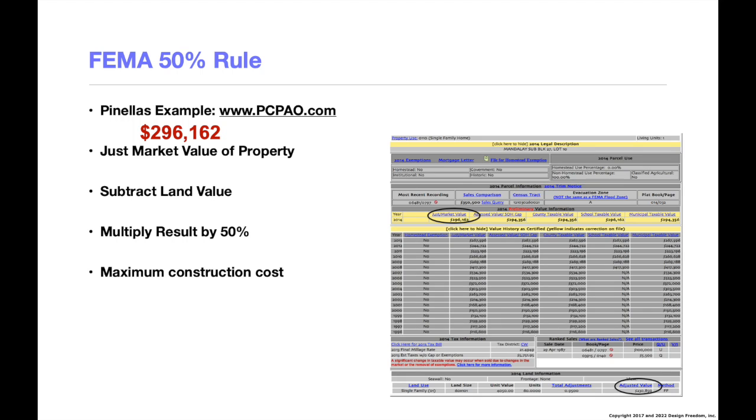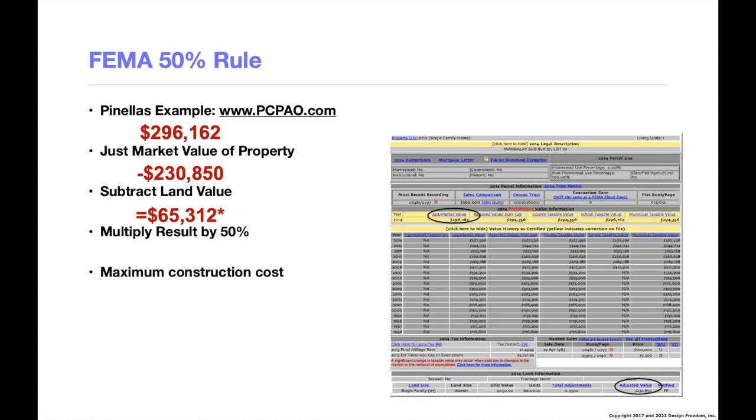Here's how to estimate just how much money you could spend on your construction project before you hit the FEMA 50% rule. This example is for Pinellas County, and I have a couple of other examples. Go to the property appraiser's website for your county and look for the just market value of the property.